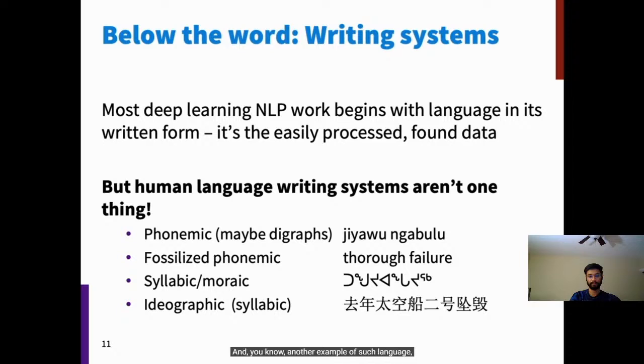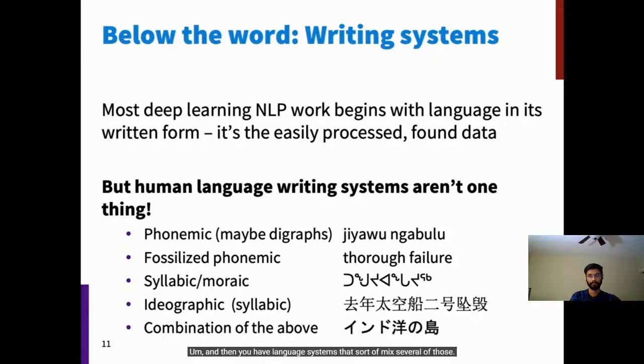Another example of such a language was Egyptian hieroglyphs, if you've seen those. They're ideographic systems where you have letters with meanings. And then you have language systems that mix several of those. Japanese is a mixture of partly moraic, partly ideographic system mixed together. So if you just start off and say, okay, I'm going to build a character-based system, that's fine.